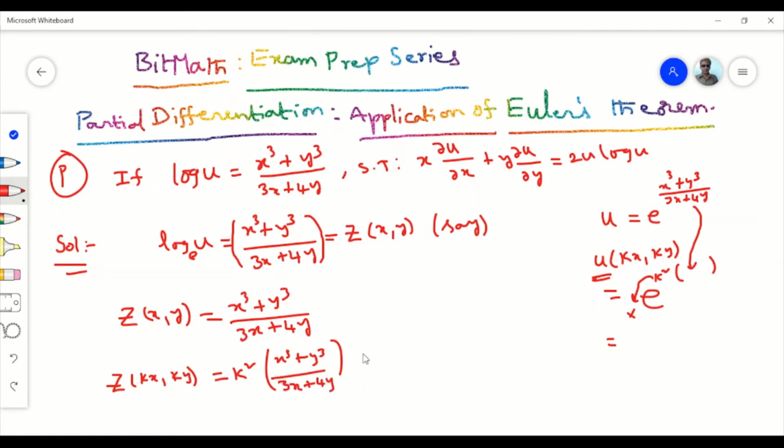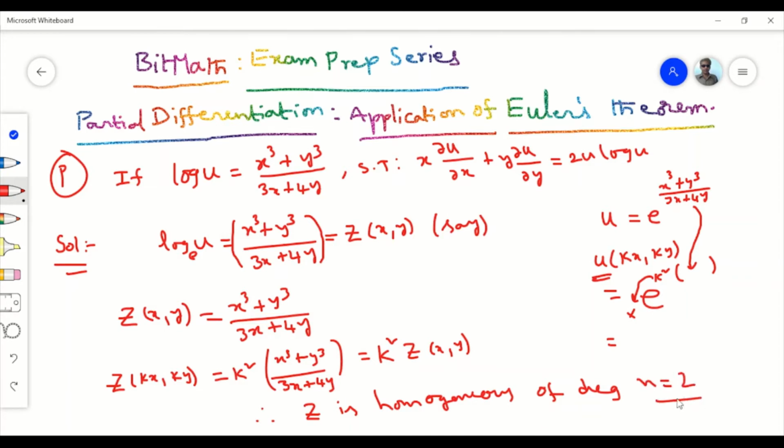This we have seen how to get in the previous lecture. k square into z of xy. So therefore z is homogeneous of degree n equal to 2, because we have k square here.